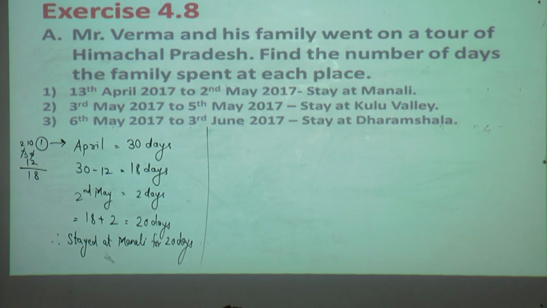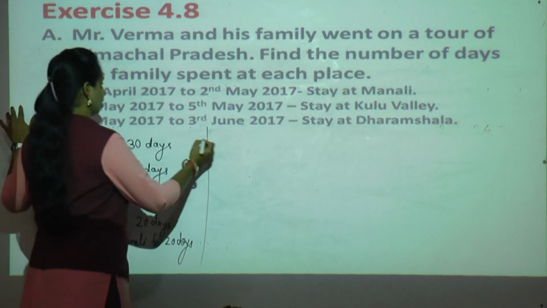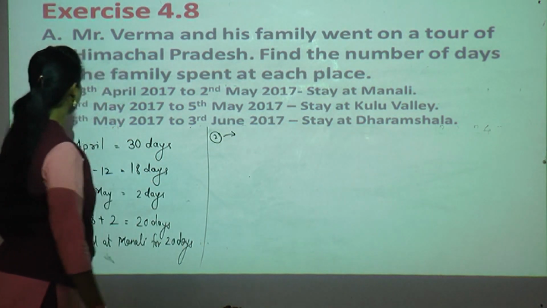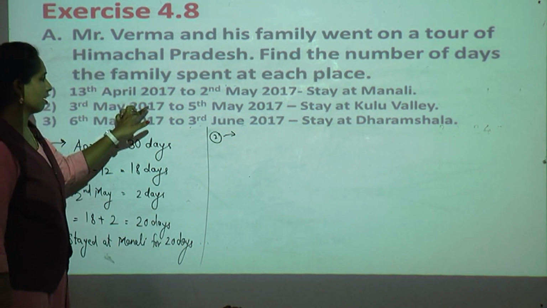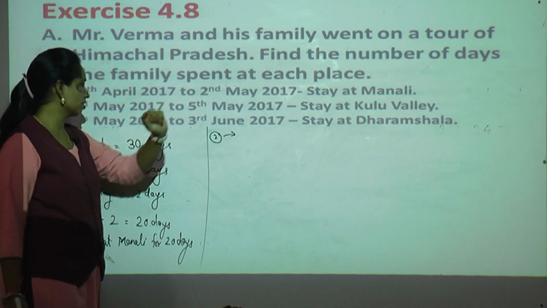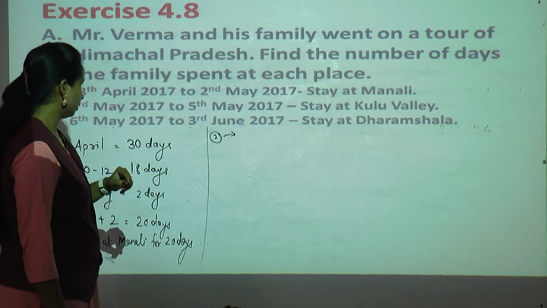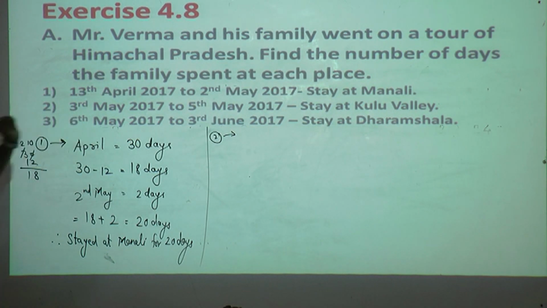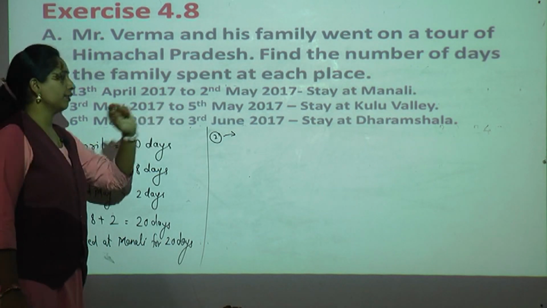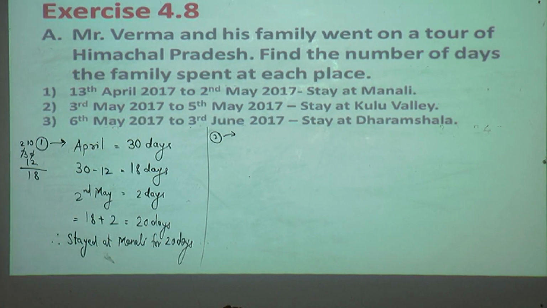Yes, very good. Now next, see the second one. 3rd May 2017 to 5th May 2017, in the month of May only. Yes, correct. Now see, it is very easy.